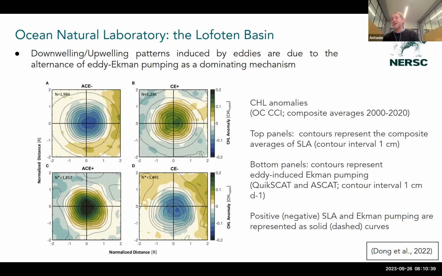Here, the contours are not the sea level anomaly, but the Ekman pumping computed from scatterometers. The message is that the interaction between the eddy-induced currents and the wind stress is generating a positive or negative Ekman pumping that prevails over the eddy pumping. And then you have this characterization of the mesoscale that relies on air-sea interactions.